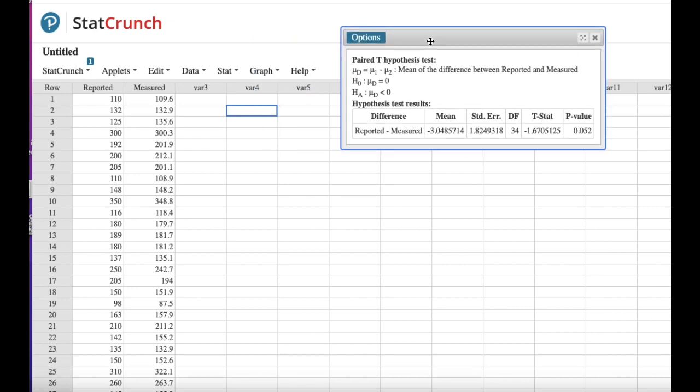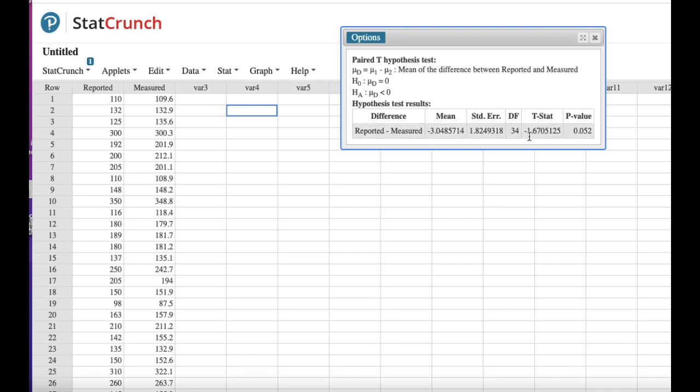Here's the readout. The first thing we note from the StatCrunch readout is it calculated the mean of all the differences. So we find that the -3 here is the sample mean of all the differences. So on average, women underreported their weight by about 3 pounds, in the sample of 35.